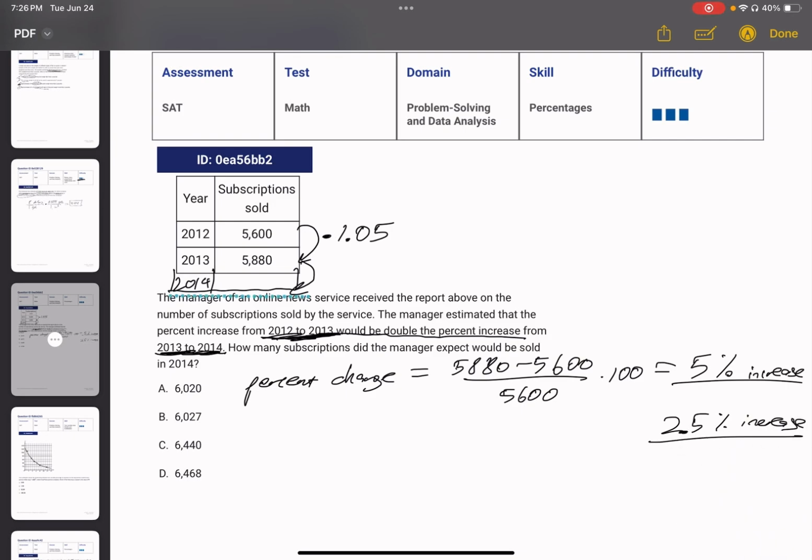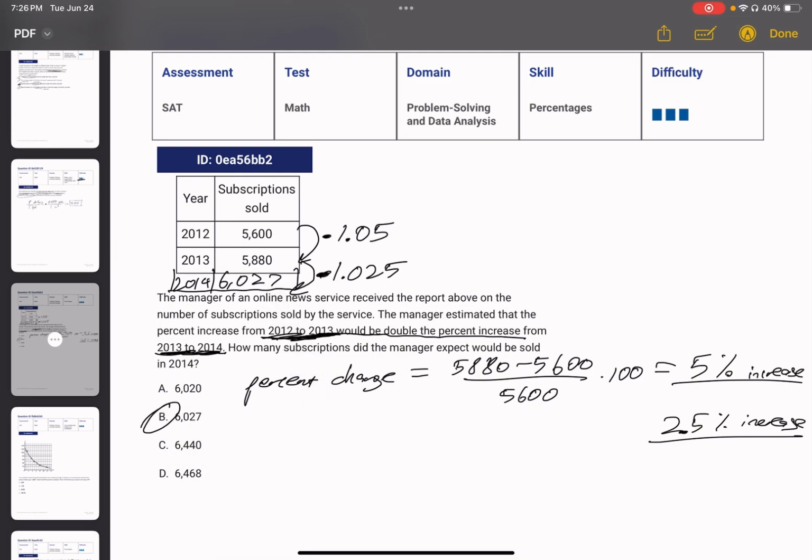And that is symbolized as 1.025. So we know that 5,880 times 1.025 is going to give us our 2014 subscriptions sold value. So 5,880 times 1.025 is going to give us 6,027, which is answer B.